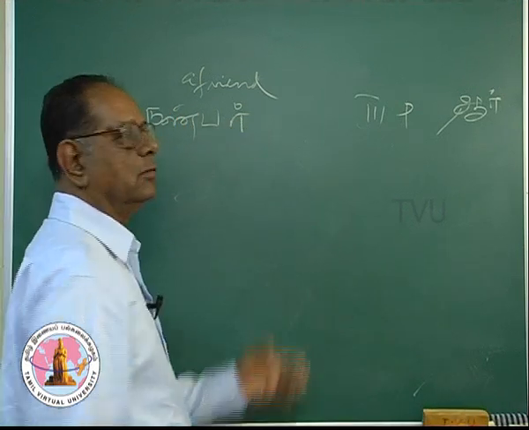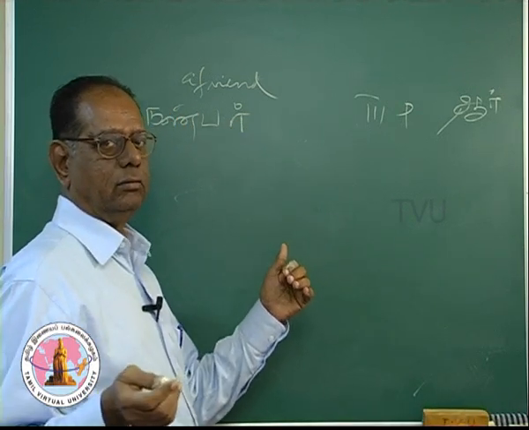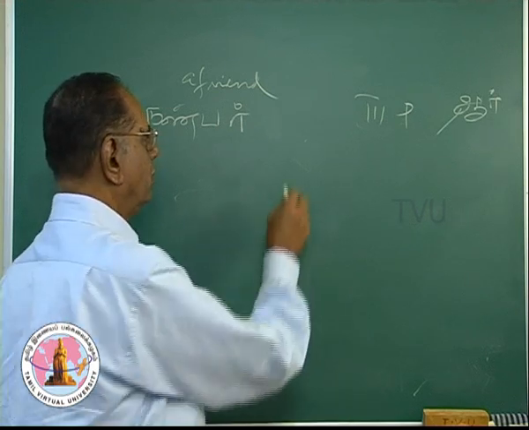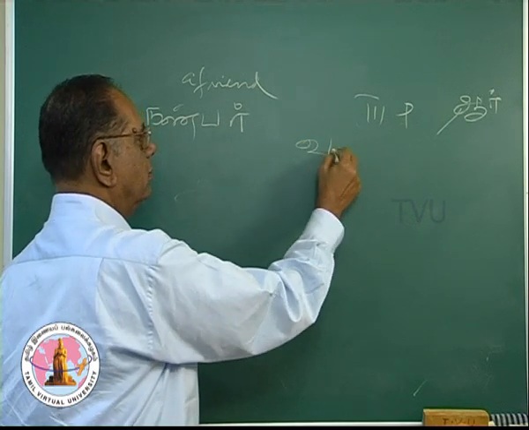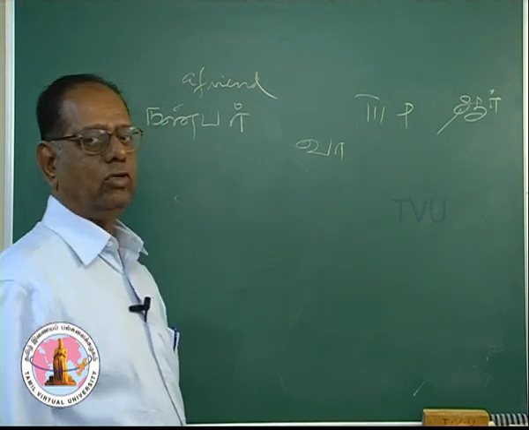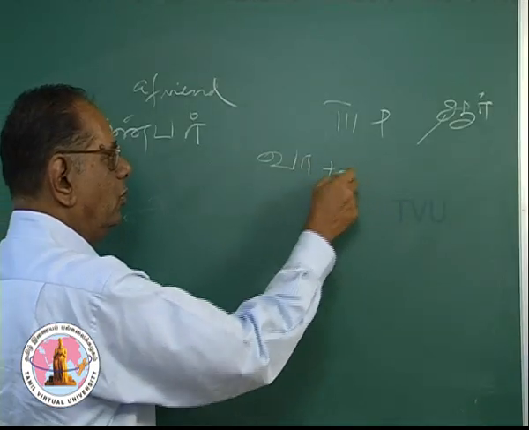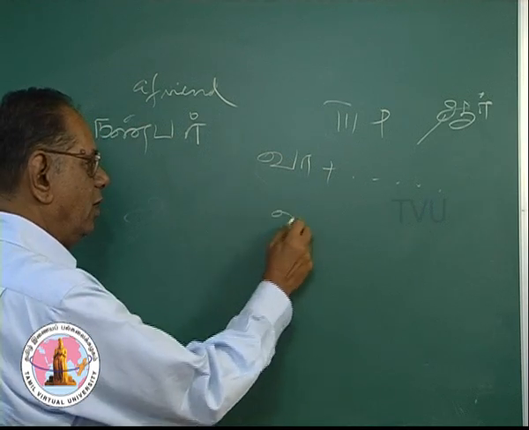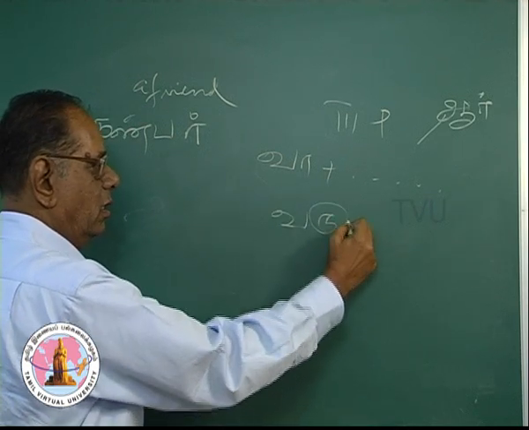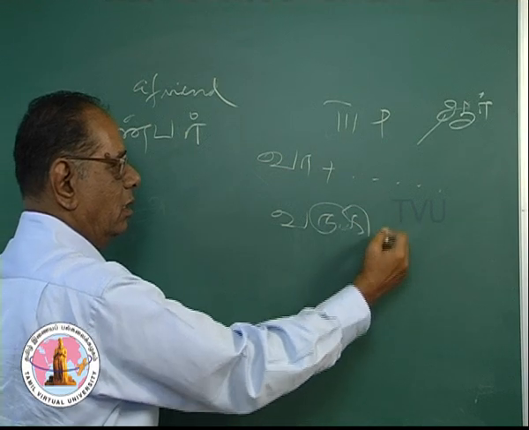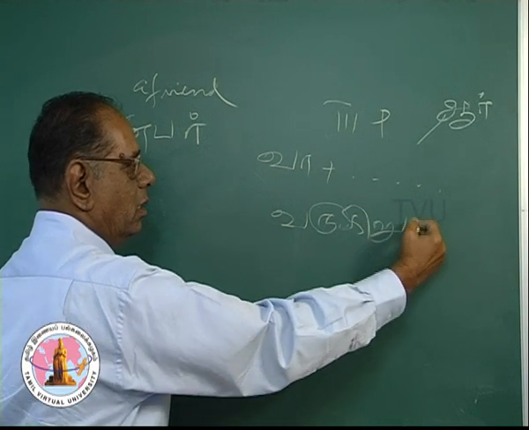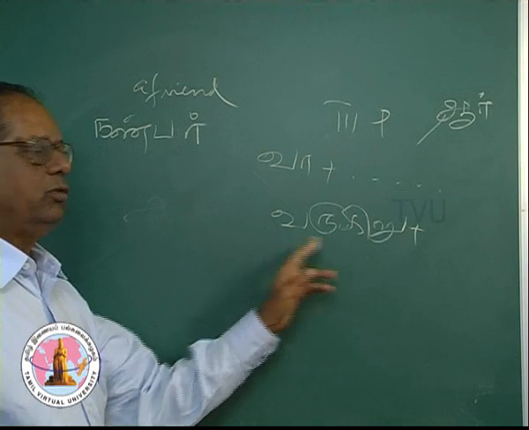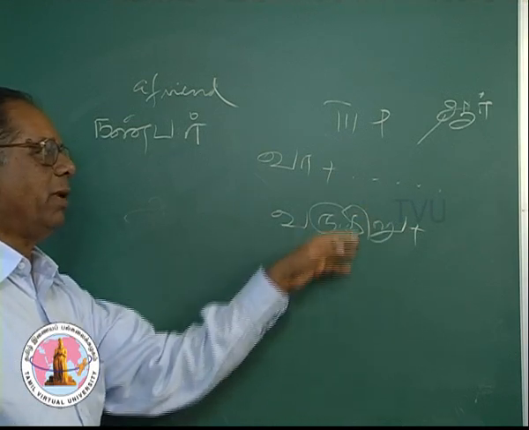Nanbar comes. What will be the verb? Va is to come. You have the same thing as we had earlier. Up to this it's okay because it will be common.